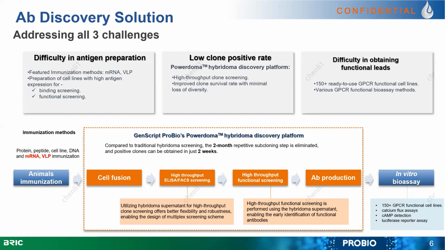In addition, an optimized hybridoma-based high-throughput screening approach known as PowerDoma is established to facilitate the identification of functional candidates at an earlier supernatant screening stage. With these platforms, we are able to get rid of the time-consuming subcloning process and obtain the candidate sequence within 2 weeks.